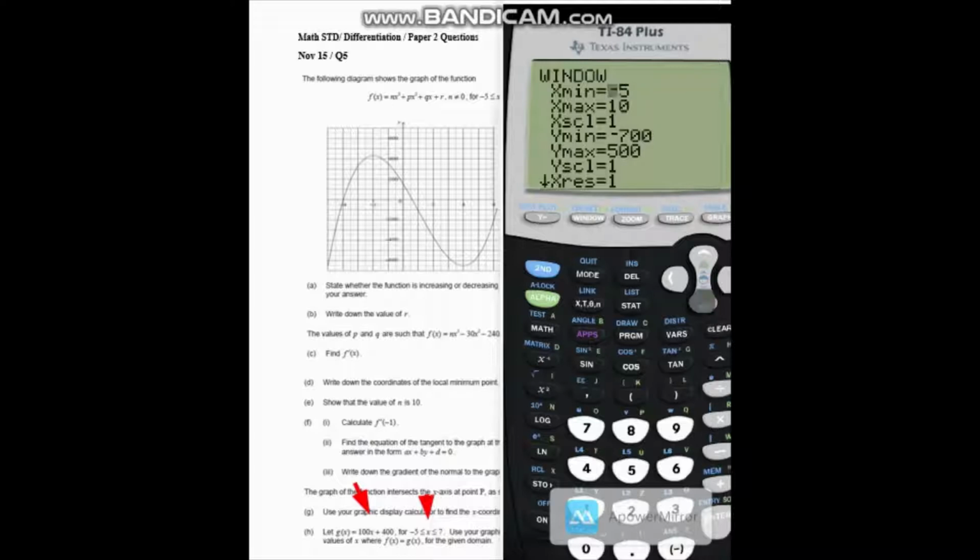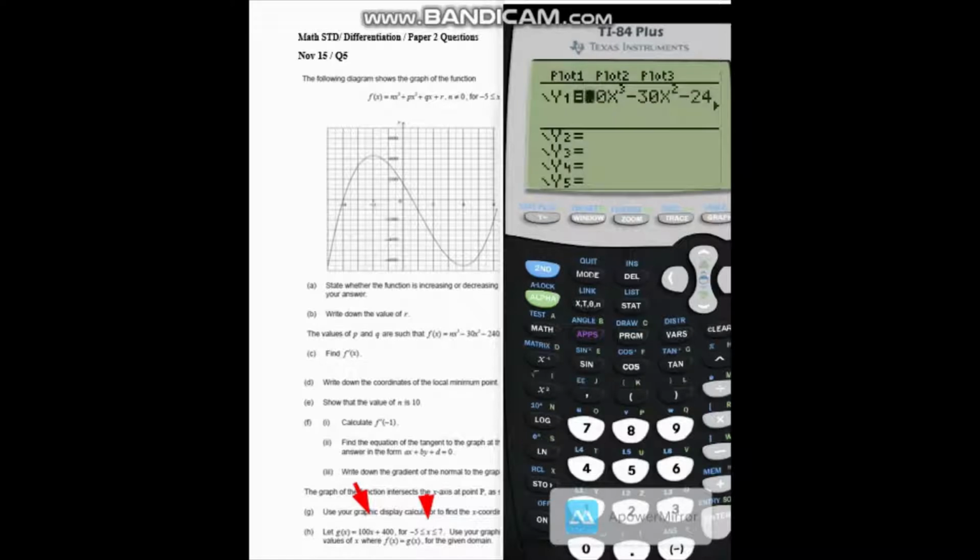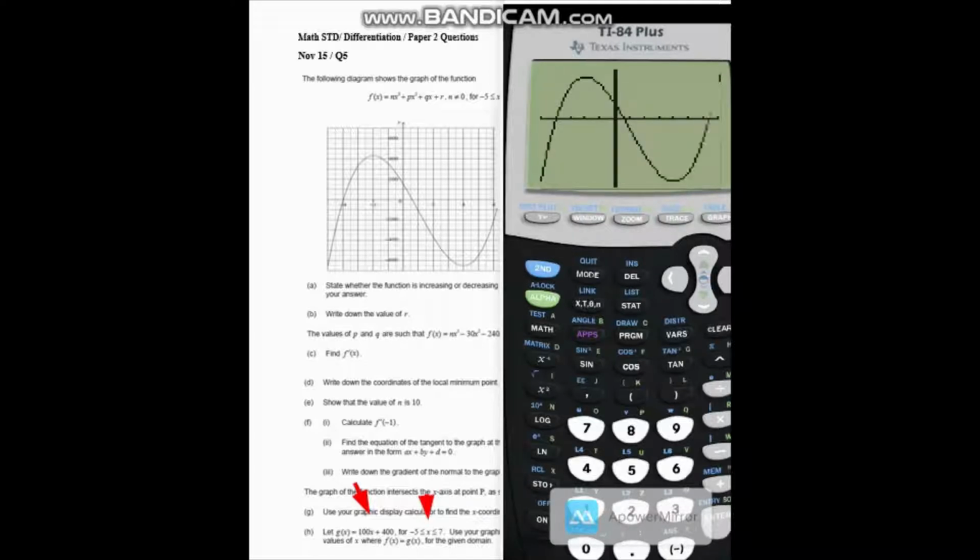So let's adjust the window and let's add the equation of g of x, which is 100x plus 400. And there is my curve, and the line. I need to find the two intersection points, there and there.